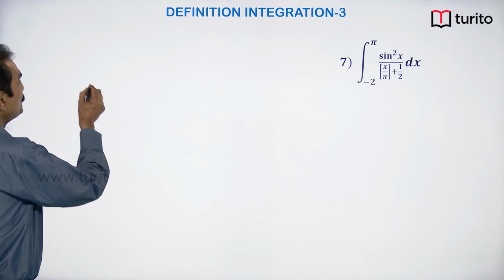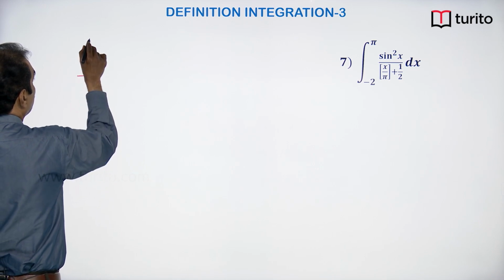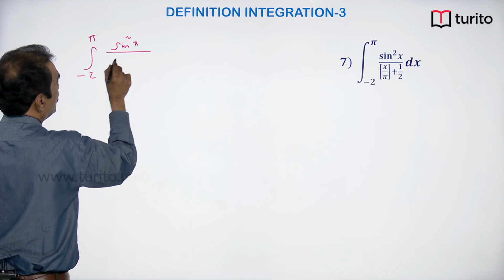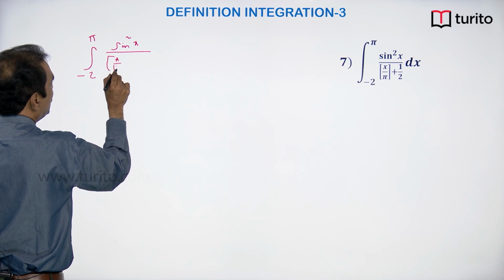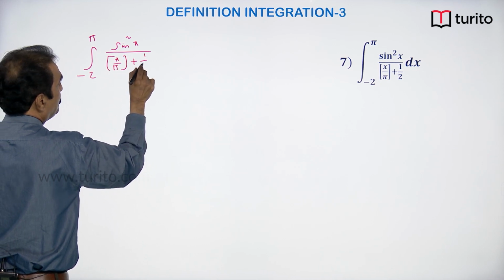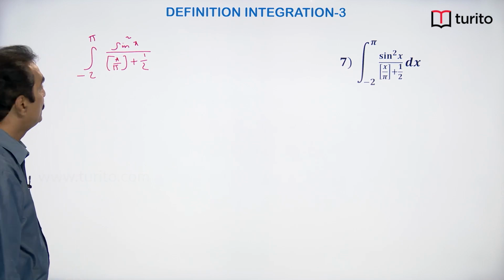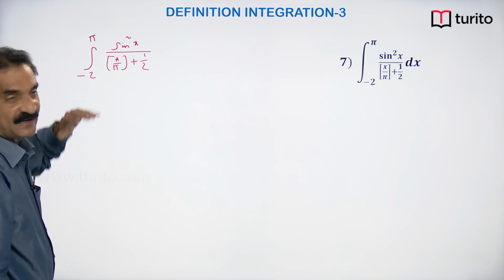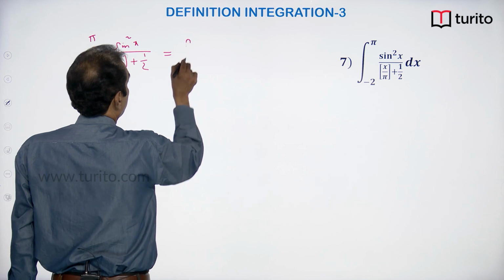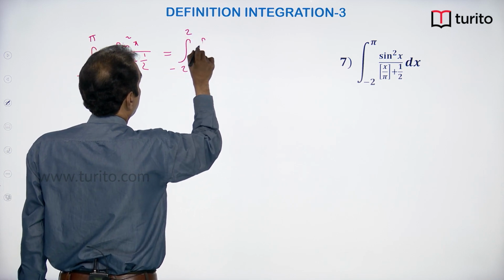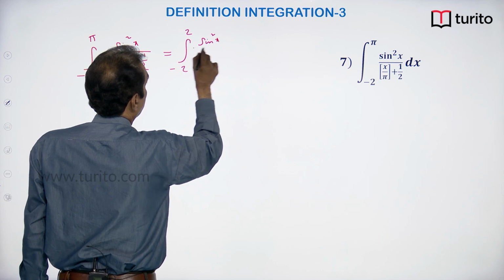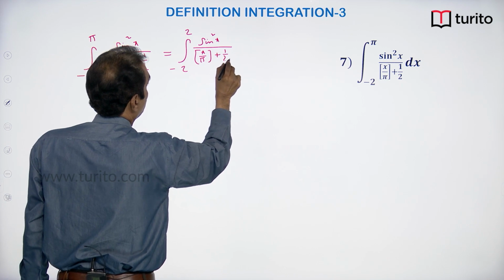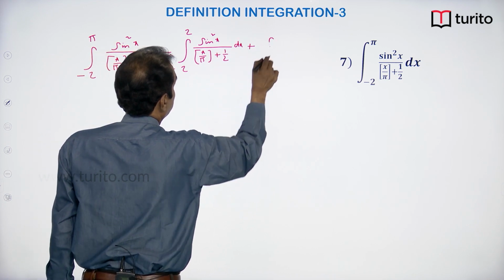Integral minus 2 to pi sine square x by integral part of x by pi plus 1 by 2. First I will write this as minus 2 to 2 one integral, 2 to pi another integral, plus 2 to pi.